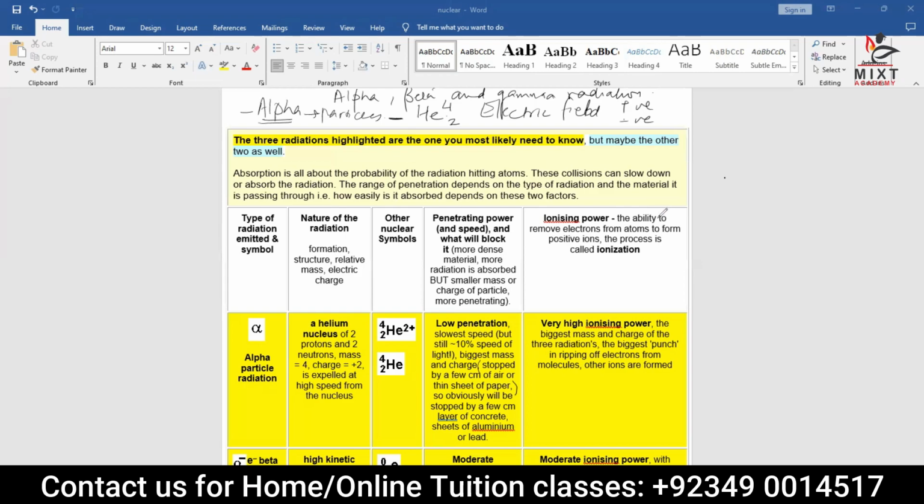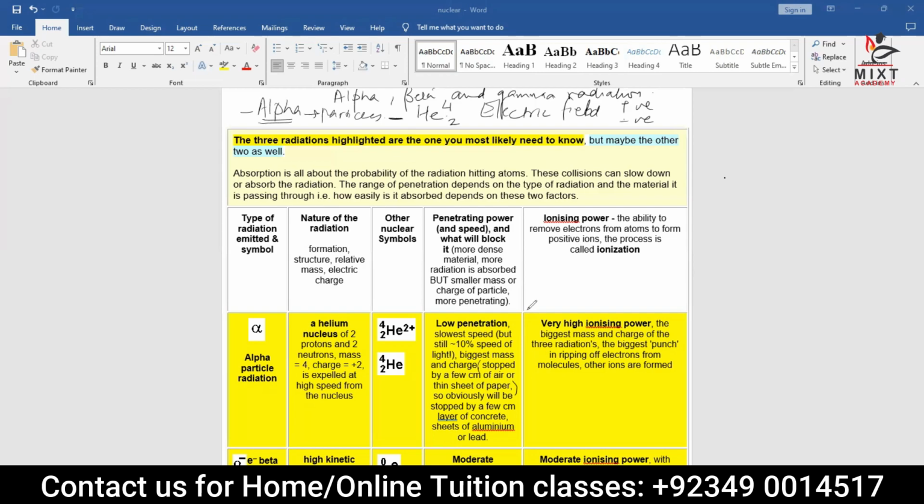The ability to remove electrons from atoms to form positive ions. The process is called ionization. Now continue with that, but make some distance of 2-3 words.